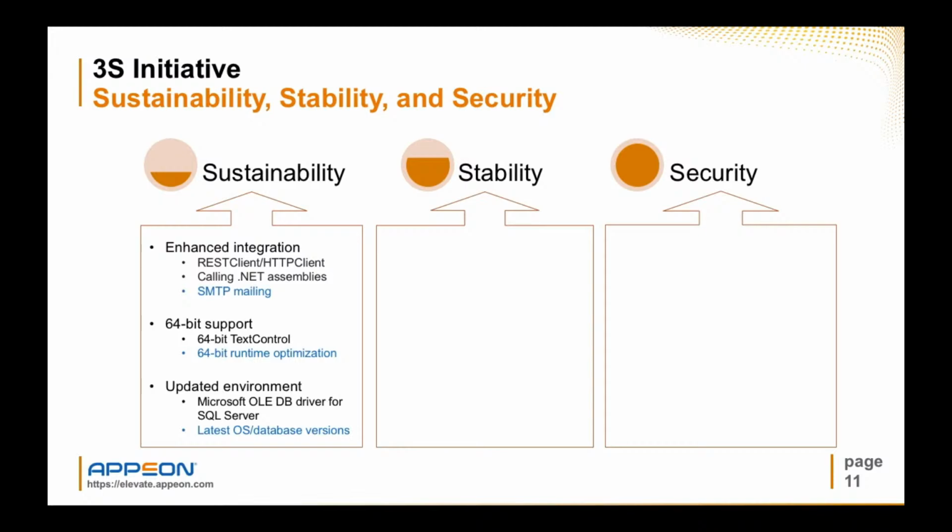In future versions, we plan to provide SMTP email integration, further enhance the performance and memory handling for 64-bit applications, and stay current with the latest OS and database versions.